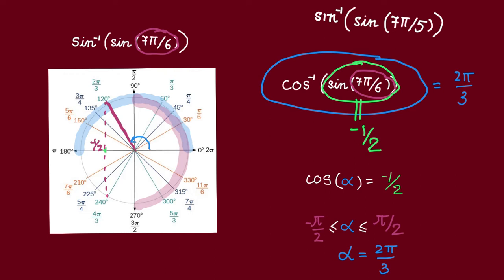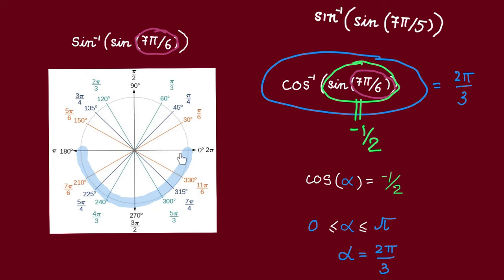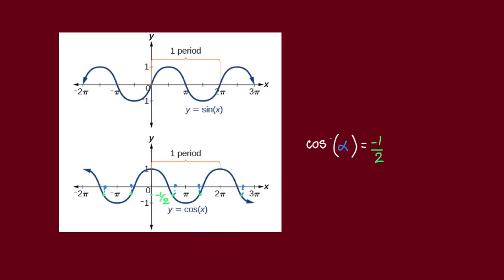So we want to choose a range such that for each choice of x-coordinate, there is some ray whose endpoint has that x-coordinate. If we choose this region here, that would cover all the x-coordinates from minus 1 to 1. Of course, we could have also chosen this region here, but it's just nicer to work from 0 to pi.